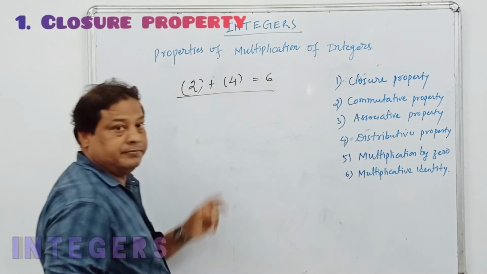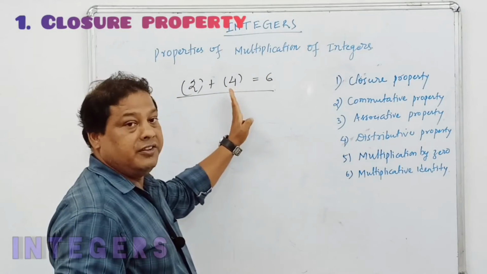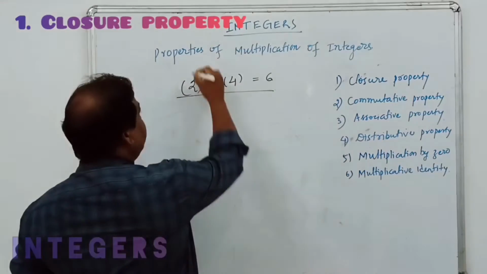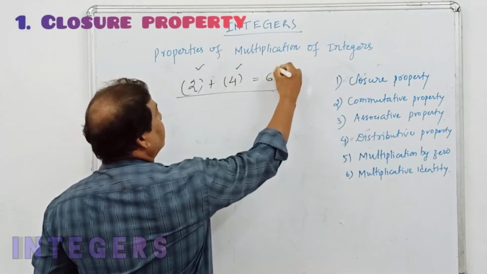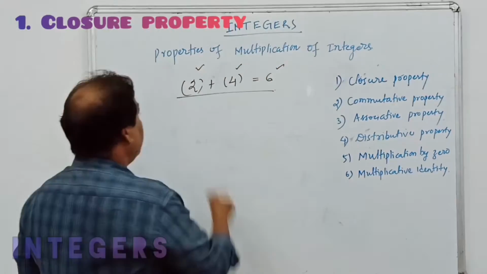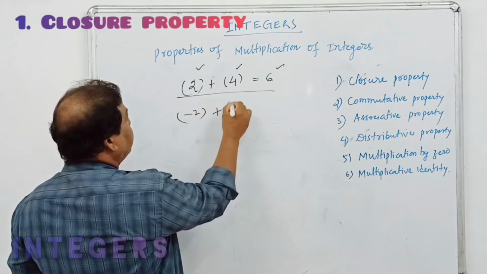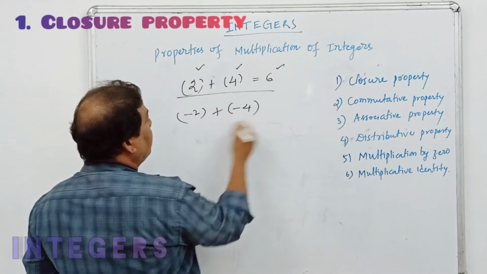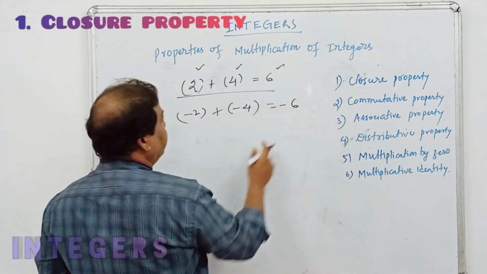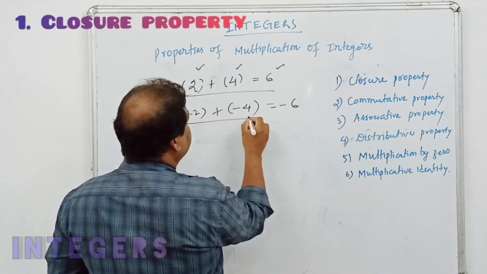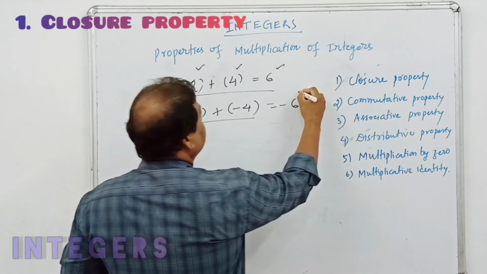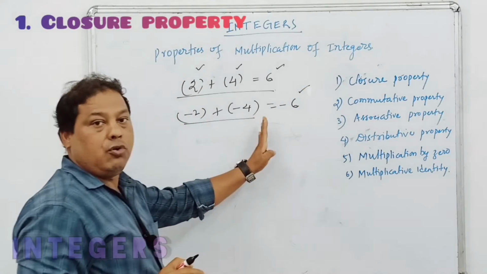Under addition, the sum of 2 integers is always an integer. Minus 2 plus minus 4 is minus 6. When we add these 2 numbers, the result is also an integer.